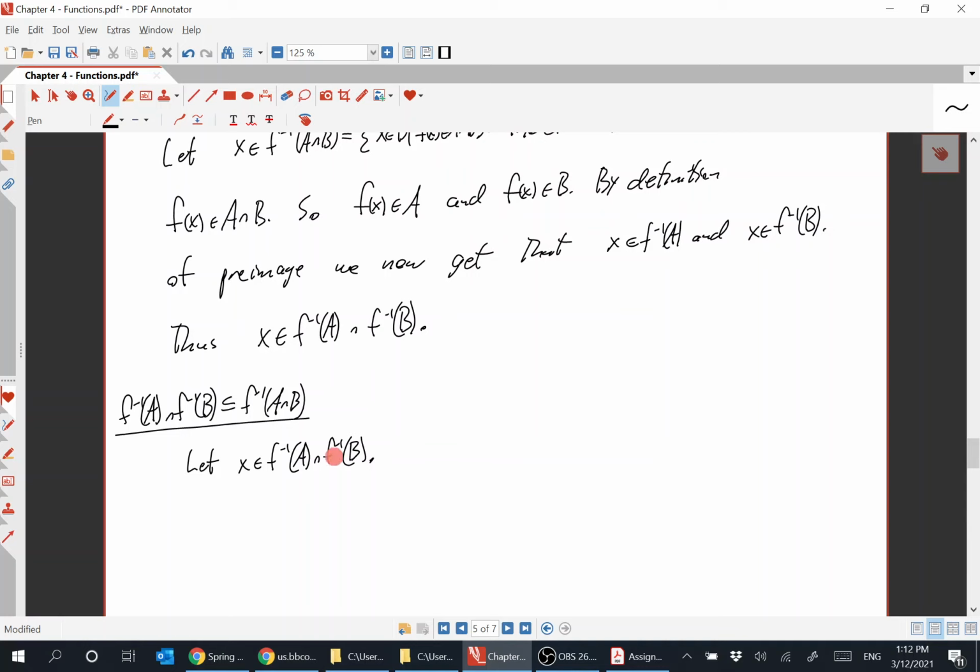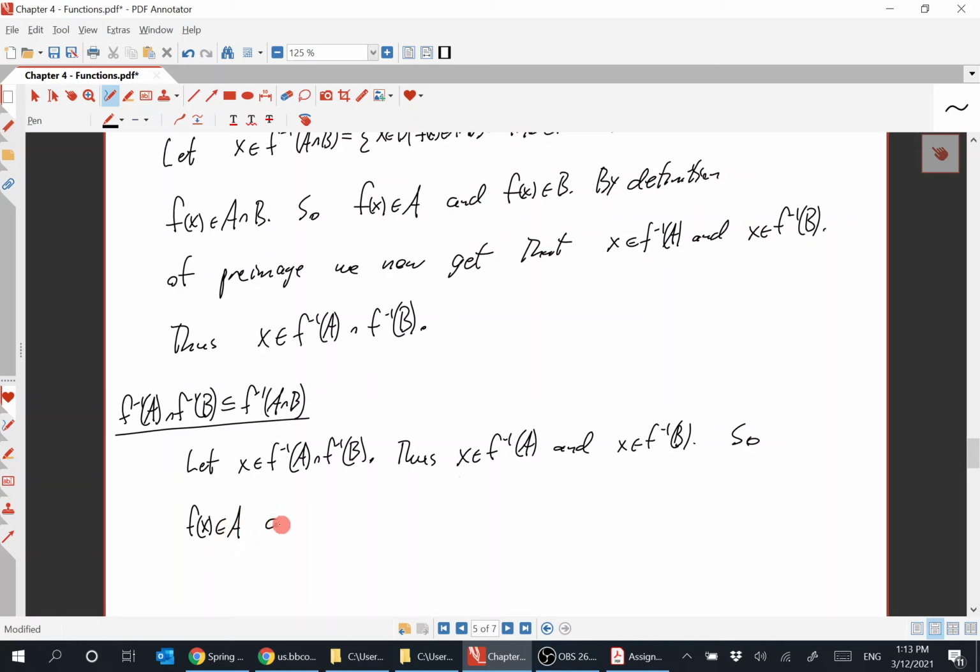Because x is in the intersection of two sets, x is in the preimage of A and x is in the preimage of B. Alright, so because x is in the preimage of A, by definition, that makes what? That's an element of A. No. x is in the preimage of A. What is in A, though? f of x. f of x.